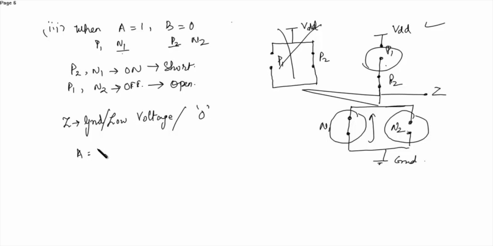So when A is 1, B is equal to 0, then the obtained output Z will be 0. Now let's see the last condition.